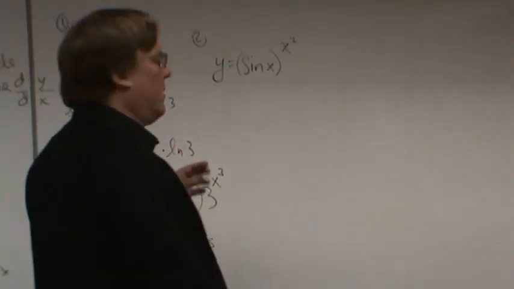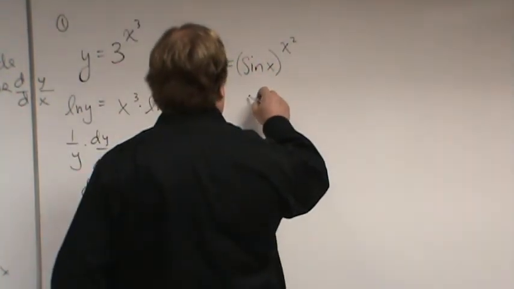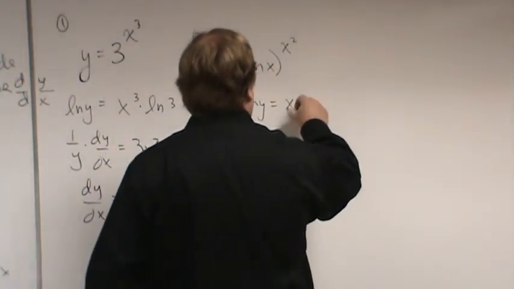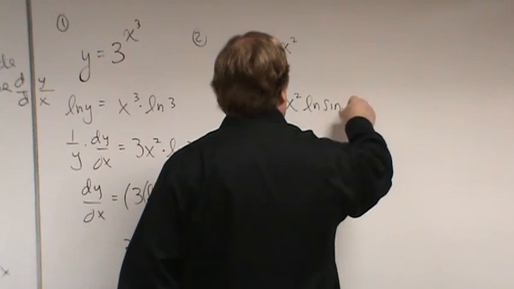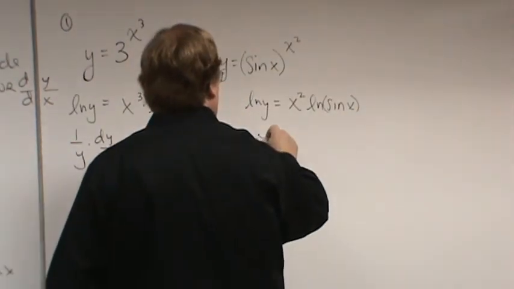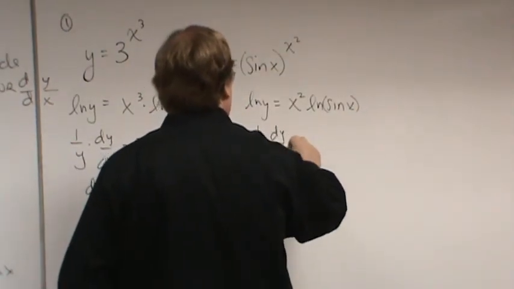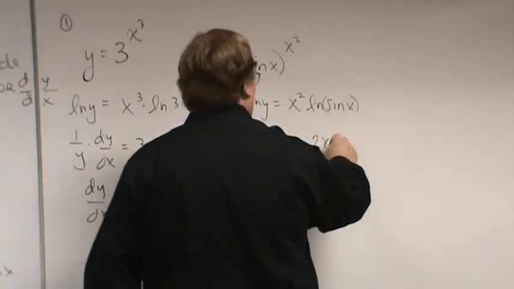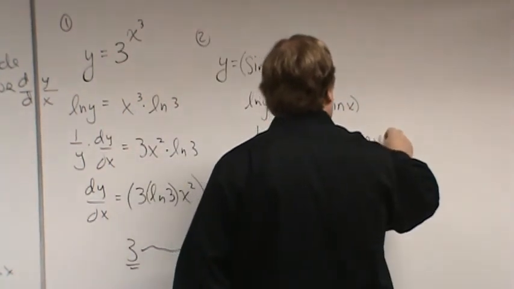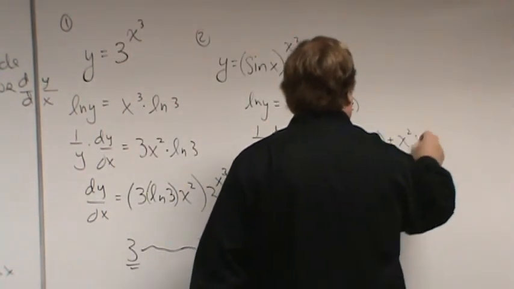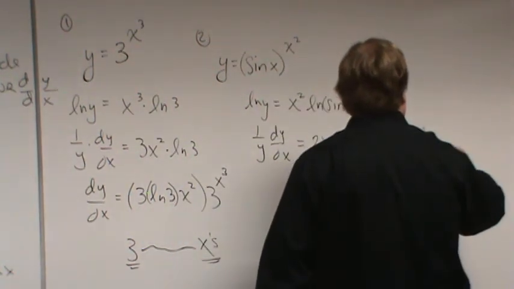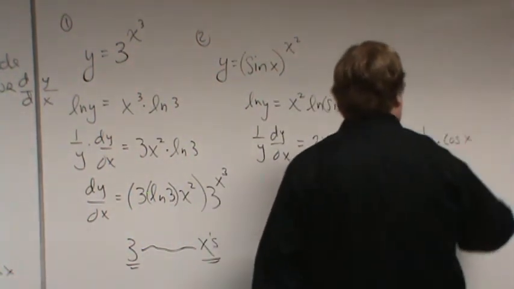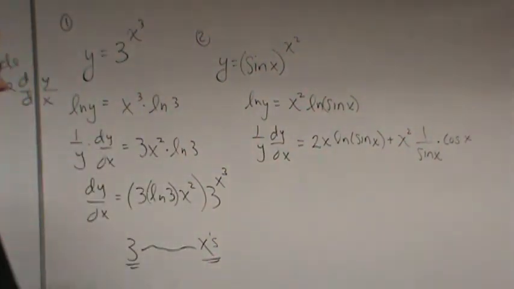Okay, let's do this because I'm running out of time. So you see log natural of y equals x squared log natural of the sine of x. And so I get 1 over y dy dx equals 2x log natural sine x plus x squared times 1 over sine x times cosine x. You guys okay with that? The derivative of log natural sine of x is 1 over sine x times the derivative of the sine of x.